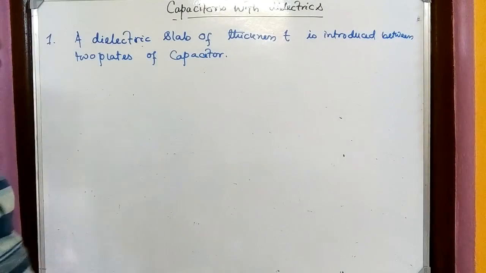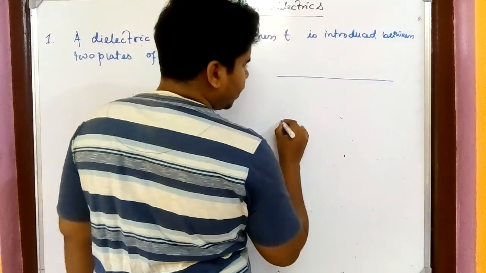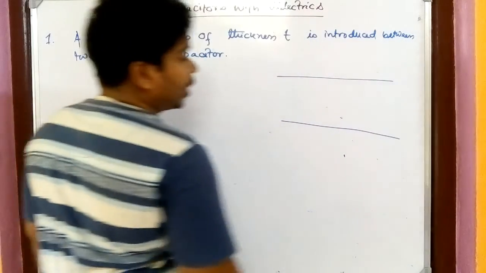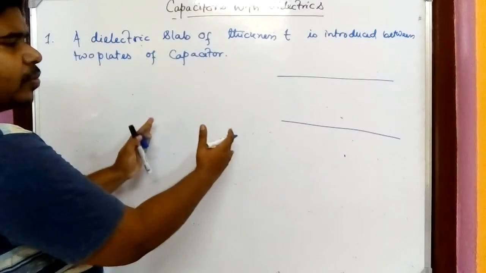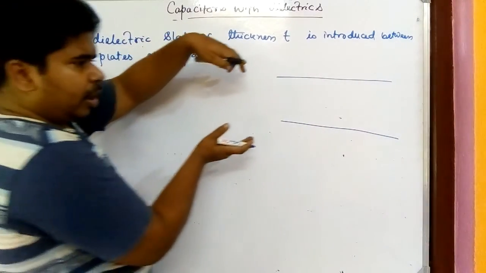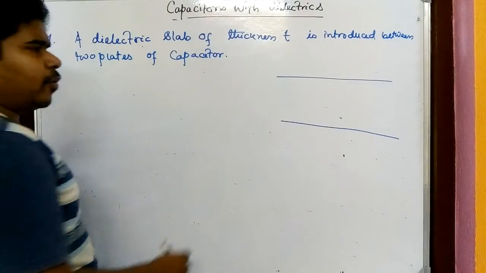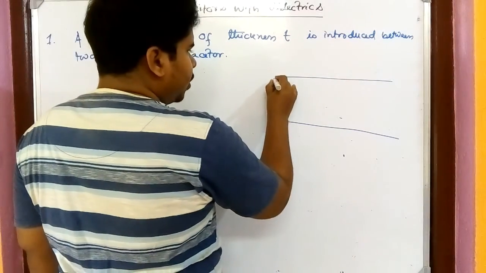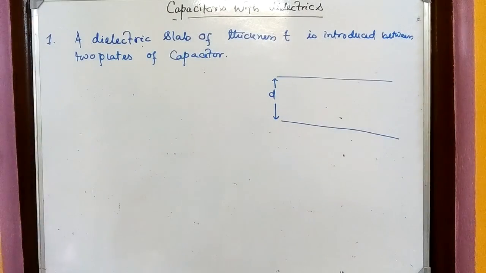Let's see how it looks. Assume this is one plate of the capacitor, and this is another plate of the capacitor. I have not drawn the parallel plate capacitor the usual way, rather I have drawn it in landscape form, so it is easier to understand. The distance between the two plates is d.